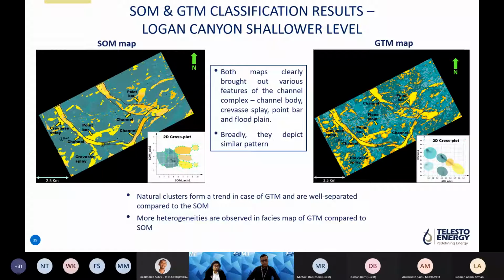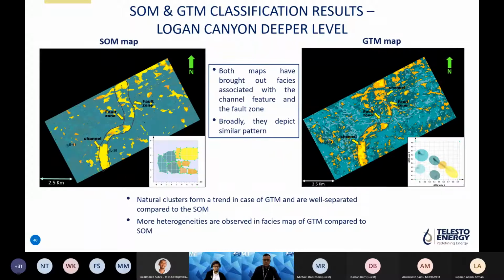That means these are bringing out the geometrical relationship of various phases bodies very clearly. In comparing both these maps, what we could figure out is GTM was able to bring out the heterogeneities a lot better compared to SOM.